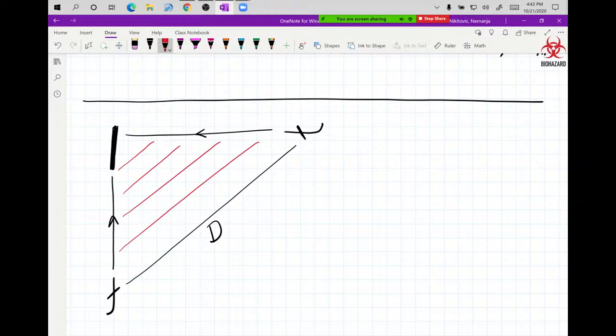Now, what is the really cool piece of information that we should have? We should know how fast those two planes are getting closer to each other. So if I have one plane coming in and the other plane coming in, the distance between them is going to be decreasing.